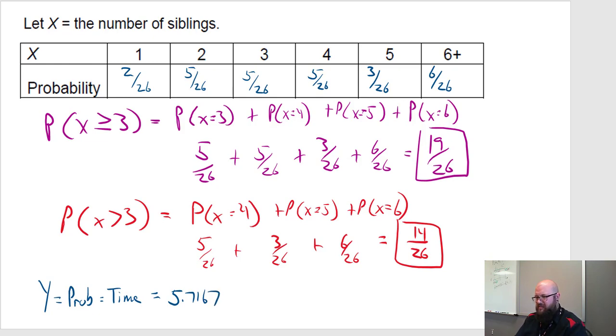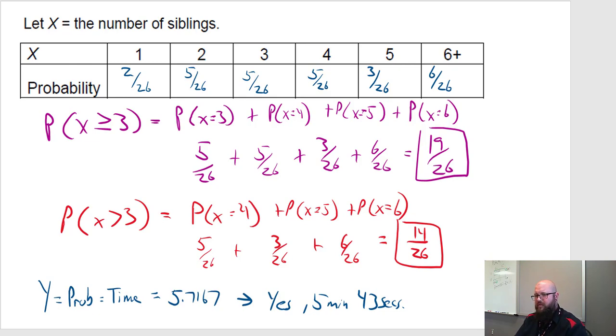Would that make sense? Yes, this would work, because you would have 5 minutes and then we calculate out to 43 seconds. At 0.7167 we calculate to 43 seconds: if you took that 0.7167 and multiplied it times 60, you would get 43 seconds. So it would make sense if it was time; it would be continuous, not discrete.